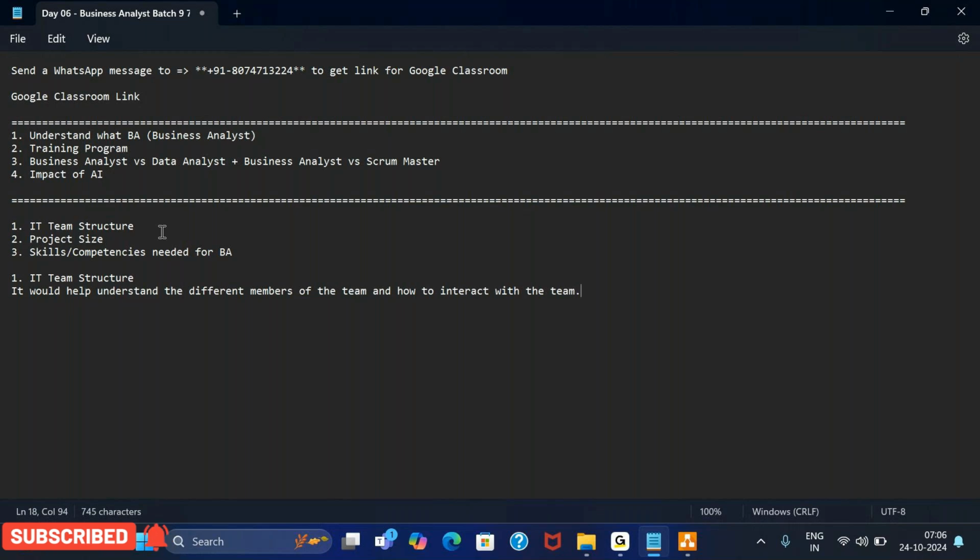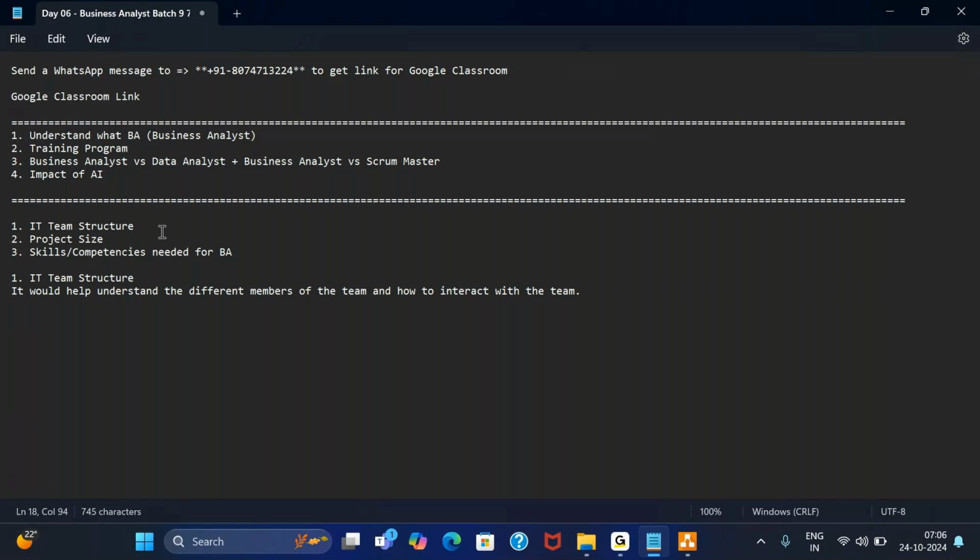Before we get started, like we discussed even during our demo series, the idea is to make sure that everyone understands how the IT team operates, whether you are from IT or non-IT companies. Otherwise, you don't just have to focus on learning what a BA does, but you also have to learn about the IT industry, how things work, and all that kind of stuff.